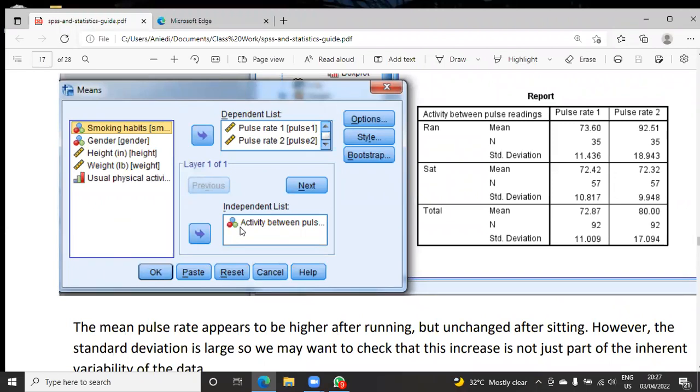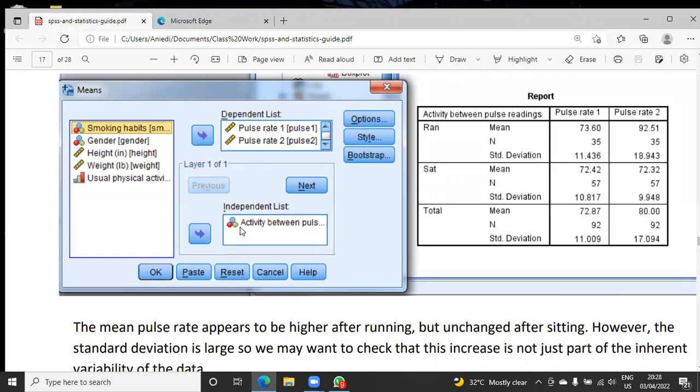So, the dependent list with the outcome, which was the pulse rate 1 and the pulse rate 2. In this case, I believe they were going to use the independent t-test, even though they have not done it yet.